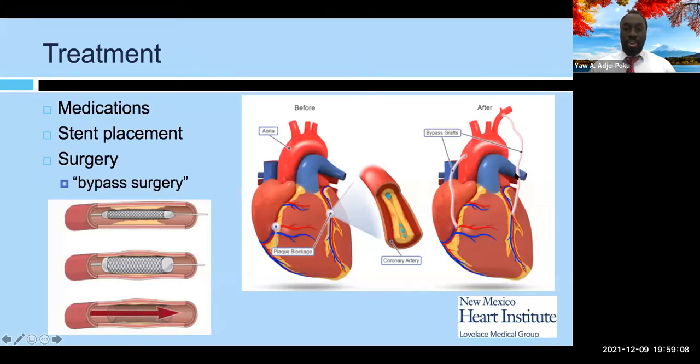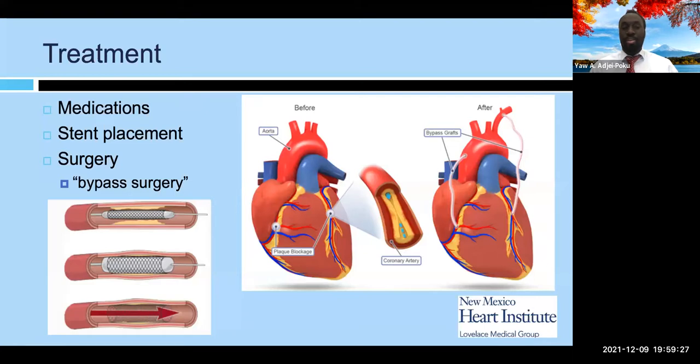So here, if there's a blockage, they'll put in a blood vessel and bypass that blockage. This allows the muscle distal, or past that blockage, to still get enough blood flow, restoring blood flow to that particular part of the muscle.